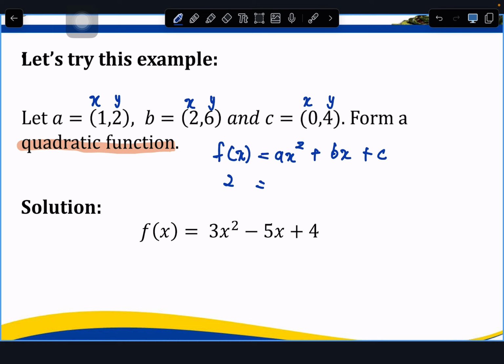It is a, because they will confuse with this a. But what we have here is x and y, right? So this one should be a(1)² + b(1) + c. Can you simplify this one? So we have 2 = a + b + c. So we have one equation from the first point. I need this one.